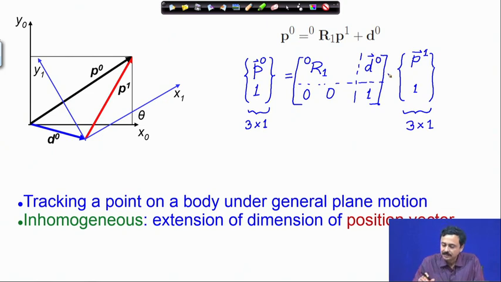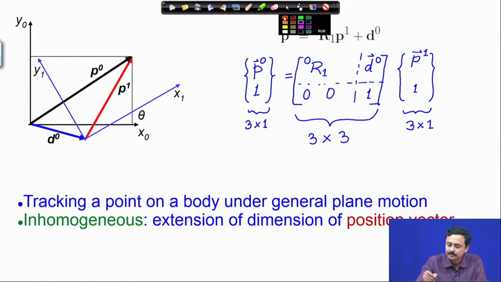By this very special manipulation, I have been able to represent the relation between P 1 and P 0 by just a multiplicative factor of this matrix, which is 3 cross 3.